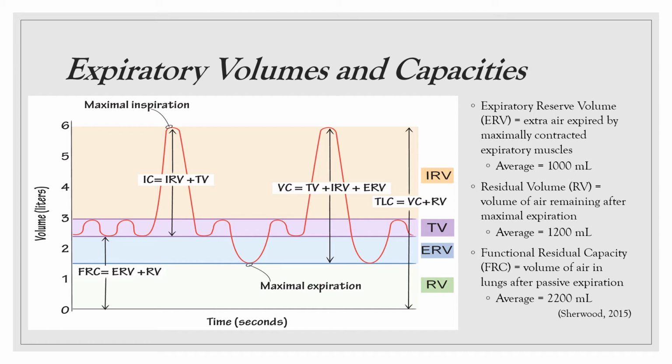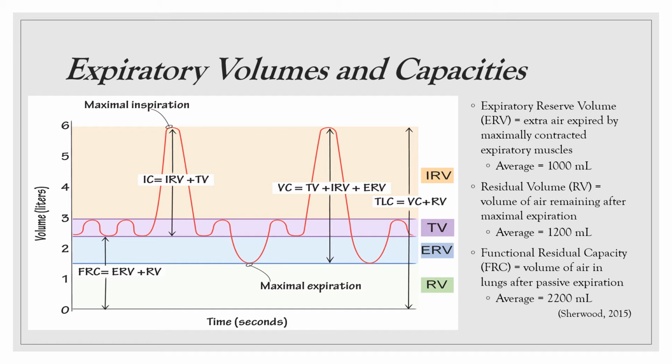An individual breathes in deeper during exercise and therefore must be able to exhale this extra air. This extra air that is expired with the help of the expiratory muscles maximally contracting is called the expiratory reserve volume. The average value of this measurement in a healthy individual is 1,000 milliliters.